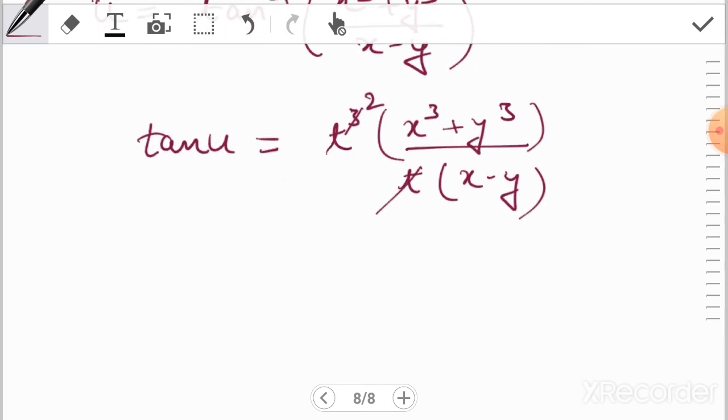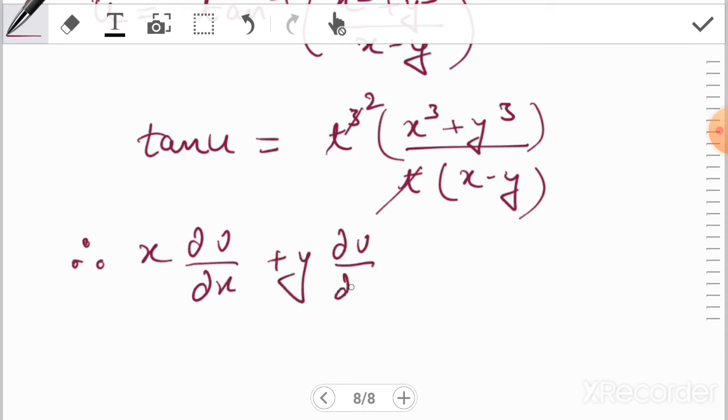So since tan u is homogeneous of degree 2, the formula was x del u by del x plus y del u by del y is equal to n H(u) by H dash u.